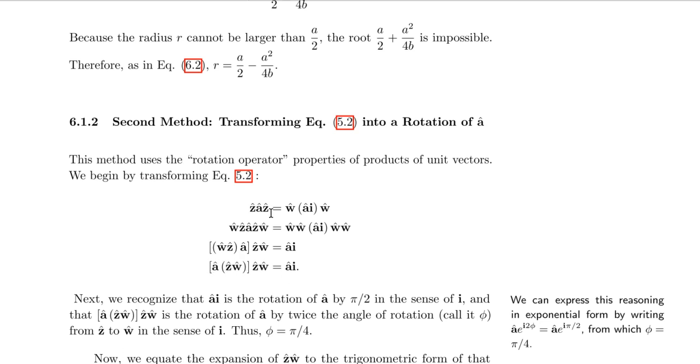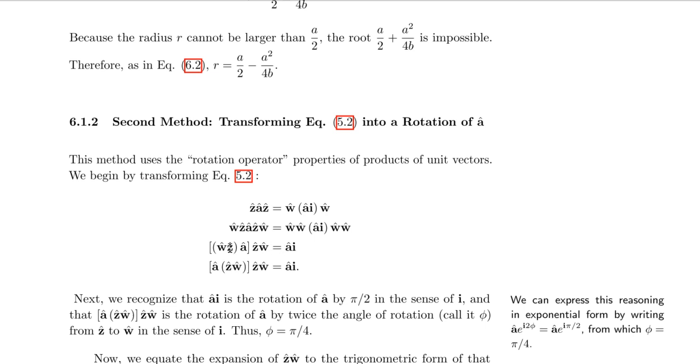So one thing we keep in mind as we get an idea of what to do here is, if we multiply both sides on the left by Ŵ, here we get Ŵ, Ẑ, Â, Ẑ. Ŵ here is 1. Same thing happens on the right hand side. So we end up with Ŵ, Ẑ, Â, Ẑ, Ŵ equal to 1 times Â I times 1.